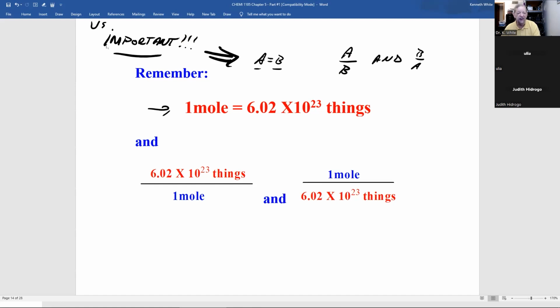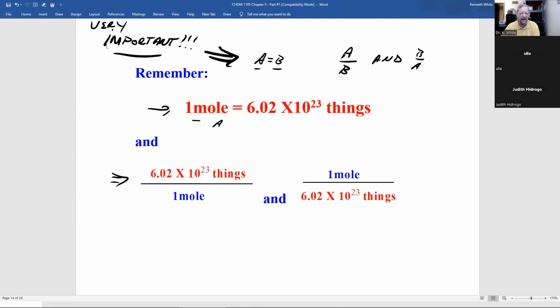In fact, it's very important. Whenever I have two things, A equals B, you can have two ratios, A over B and B over A. So if I have 1 mole, by definition, equals 6.02 times 10 to the 23rd, Avogadro's number of things, I can have these two ratios.